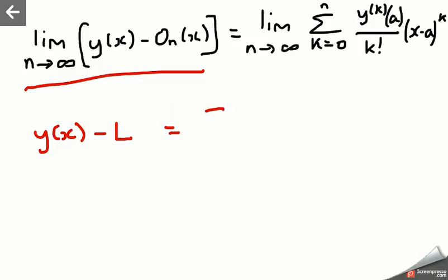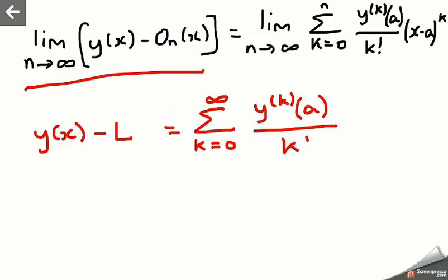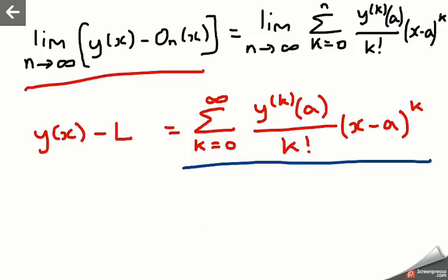We write it as the sum from k equals 0 to infinity of y differentiated k times at the point A divided by k factorial times (x minus A) to the power of k. And of course, what this sum means is you put in k equals 0, and you get y differentiated 0 times.